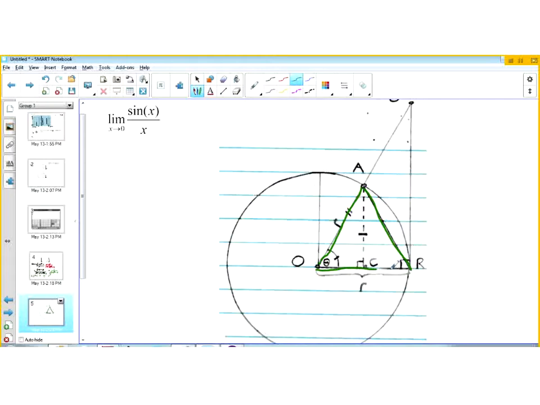Now, triangle OAR, of course, is an isosceles triangle. An isosceles triangle is a triangle that has at least two of its sides the same length. So in this case, the length of this leg of triangle OAR is R, and the length of the leg OR is R. Also, you see this angle right here, angle theta that I'm highlighting.